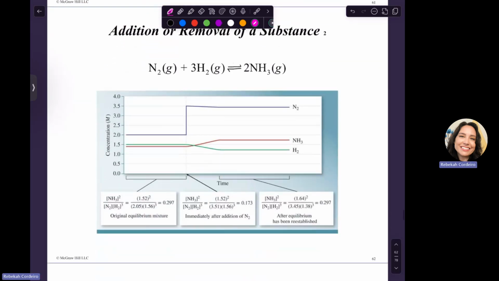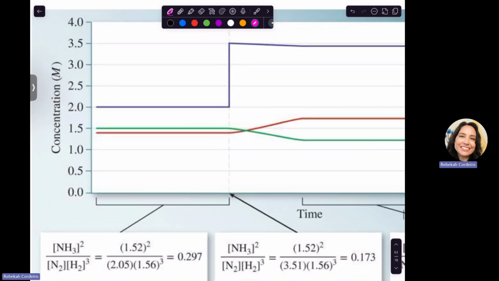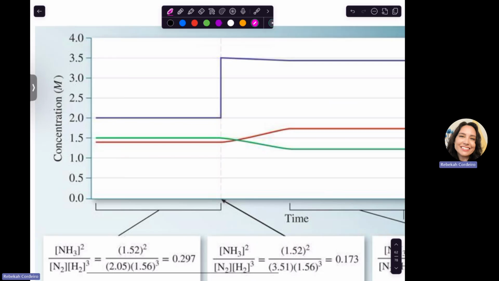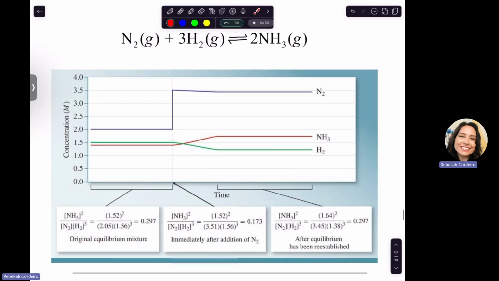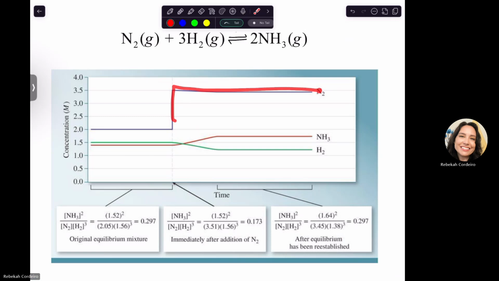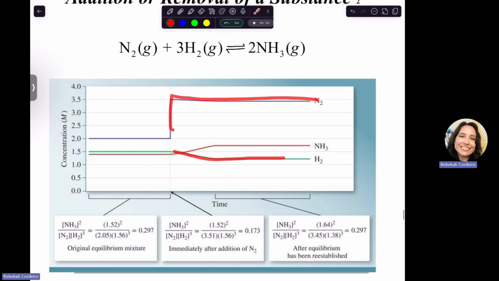So here's graphically kind of what's happening. We're at equilibrium and we're just chugging along in equilibrium. Then we added a bunch of N2. Notice that when we added N2, the amount of H2 starts to go down because when I shift right, I'm going to be using H2. And then the amount of NH3 starts to go up because as I shift right, the amount of NH3 goes up.